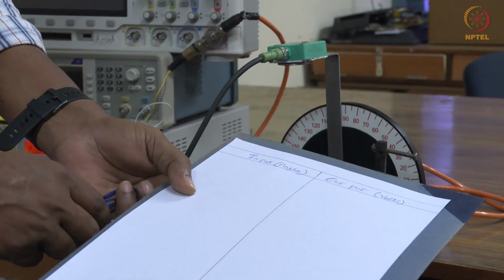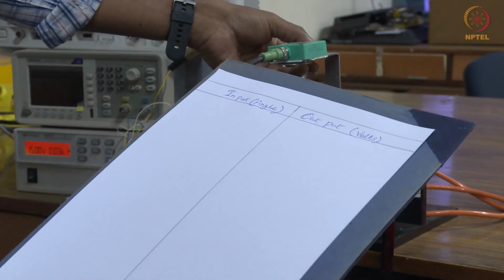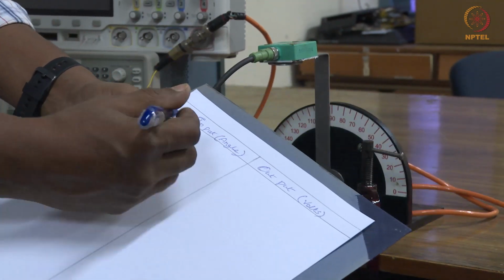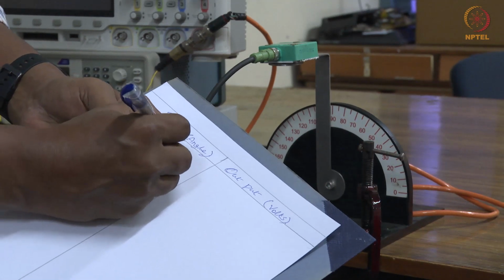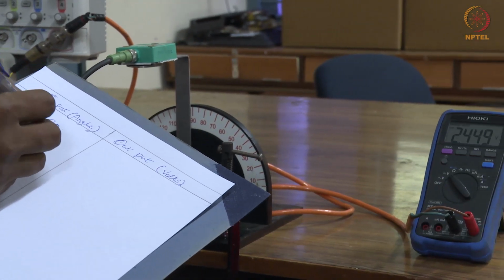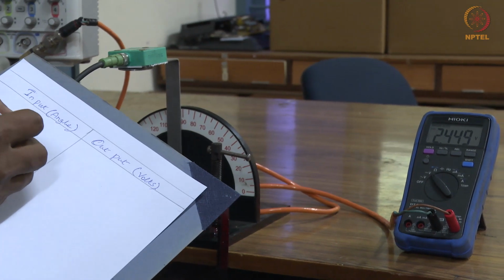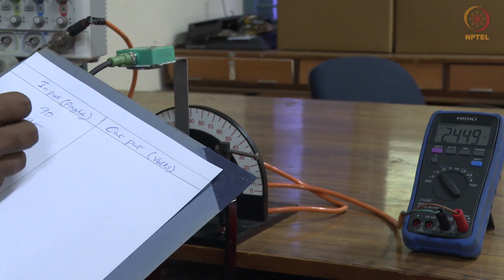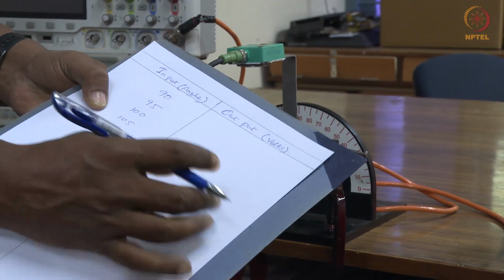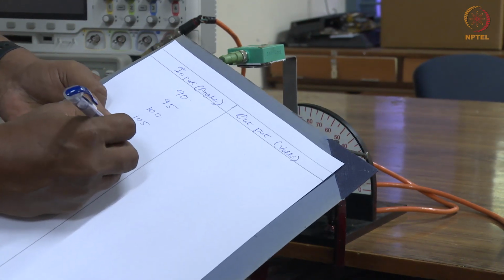Now I am going to start the calibration. The position will be fixed at the center, at 90. From this 90, I am going to go forward in steps of 5 degrees: 95, 100, 105, 110, and 115.